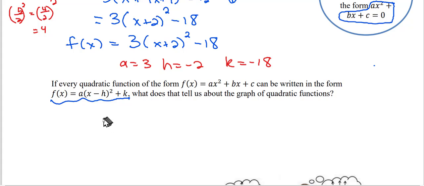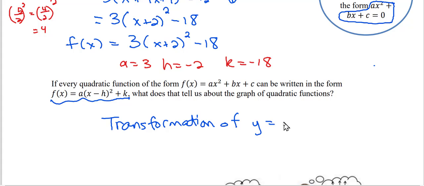If you recall, this is a transformation of y equals x squared, the standard parabola that we looked at when we talked about transformations of functions in Unit 2.